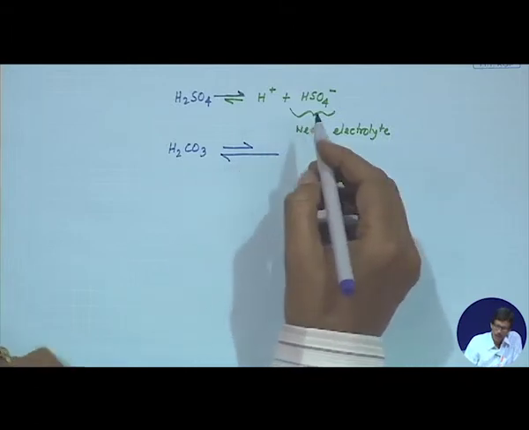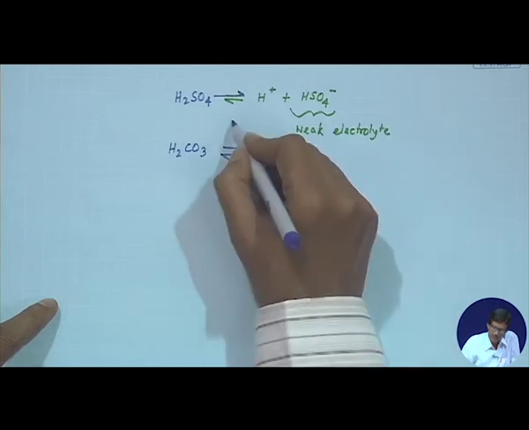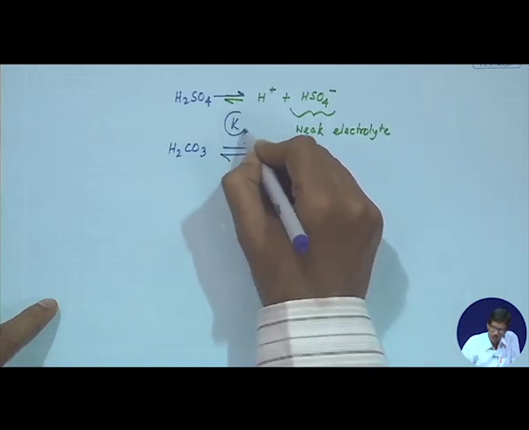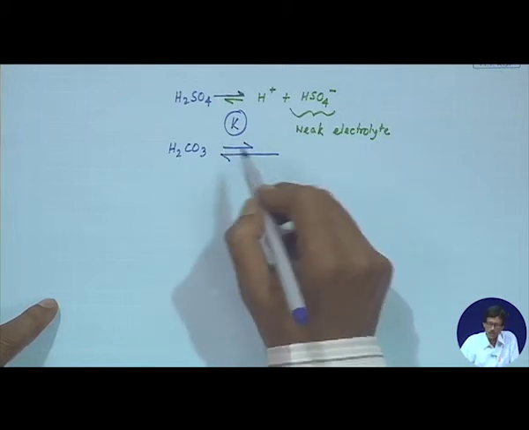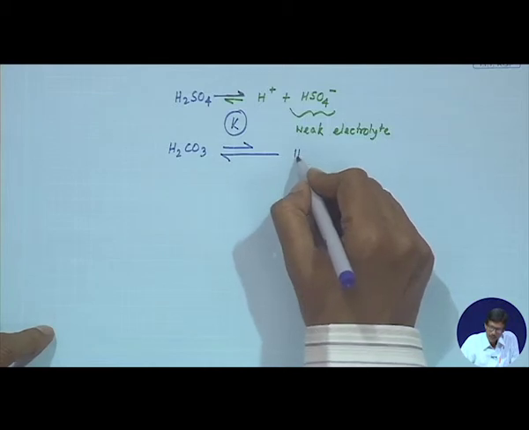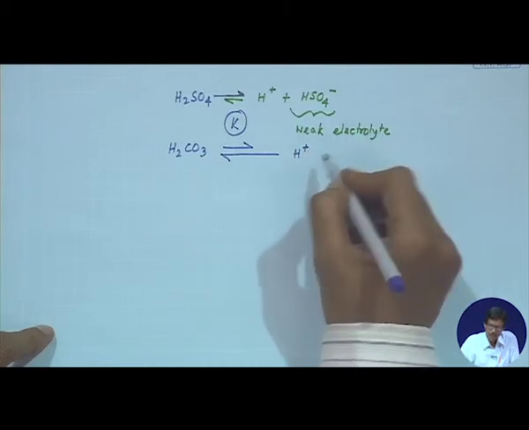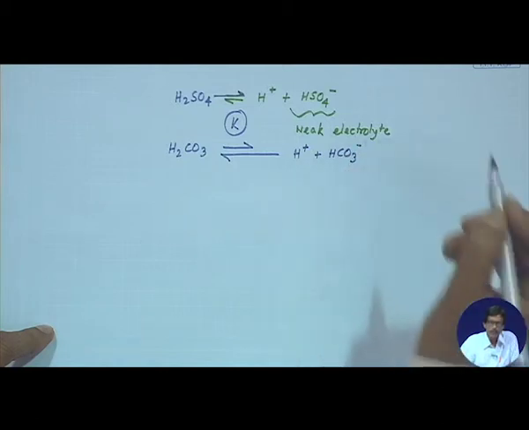These rate processes ultimately control the K value, the equilibrium constant, which is the ratio of the rate of forward reaction and the rate of backward reaction. So, this is giving us H plus and HCO3 minus.